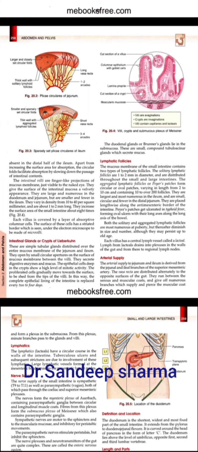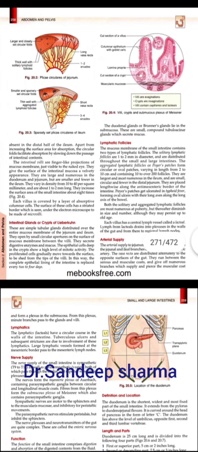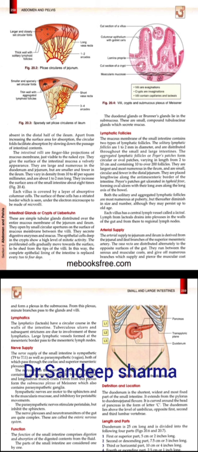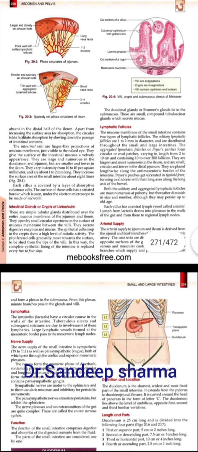So how many are there? They are large in number in the duodenum and jejunum, but smaller and fewer in the ileum. Keep in mind that the duodenum and jejunum are very high in intestinal villi, but the ileum has very few and smaller ones.